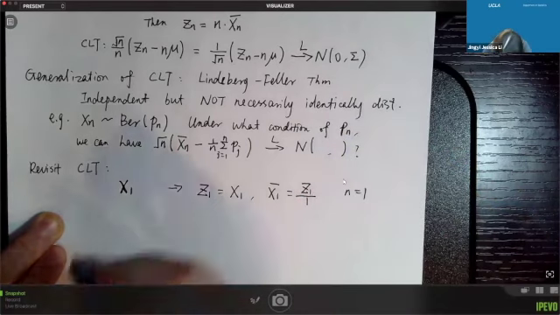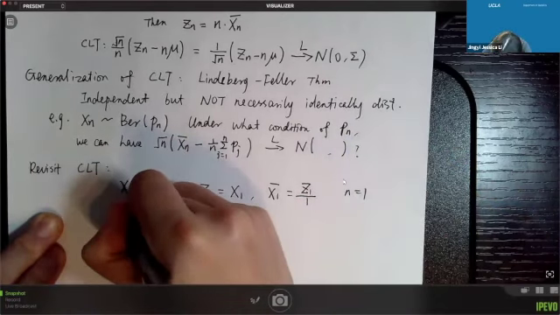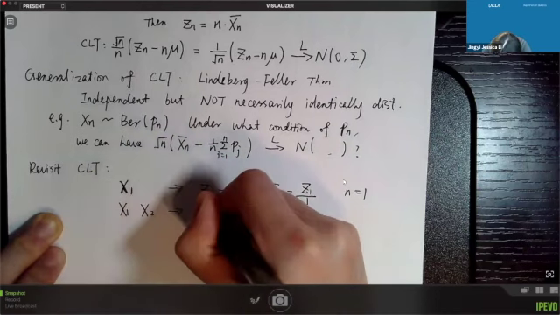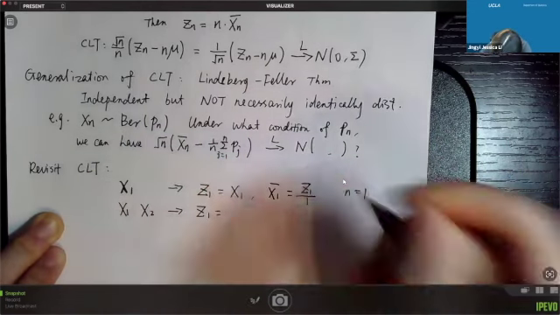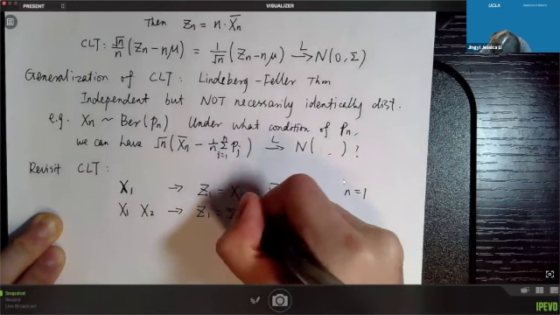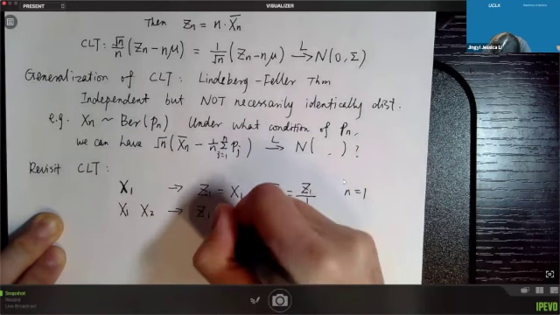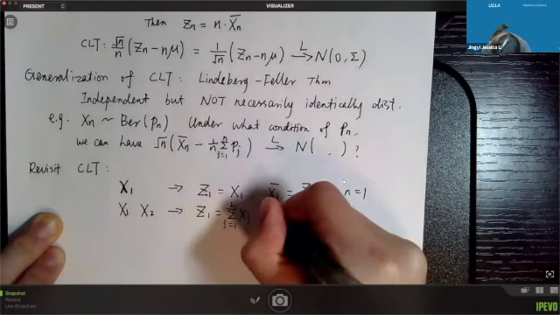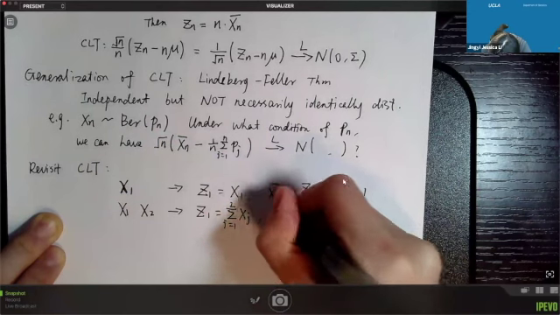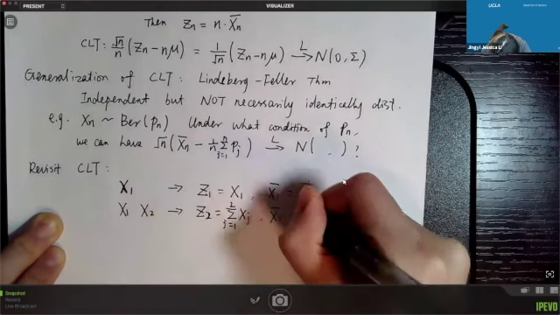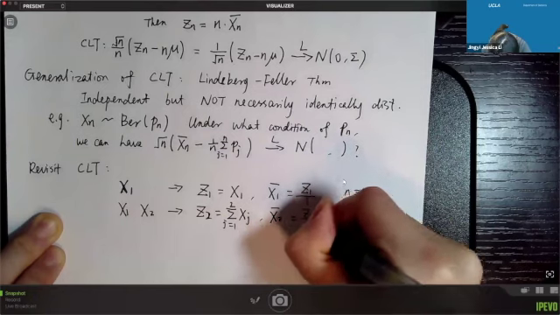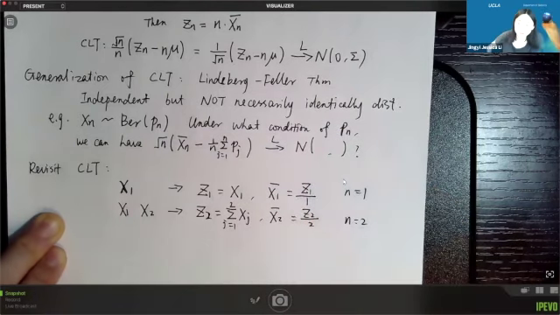And if we have n equals 2, then we have X1, X2, and our Z2 would be equal to the summation of Xj, j from 1 to 2, and X2 bar is Z2 divided by 2. This is the case for n equals 2.